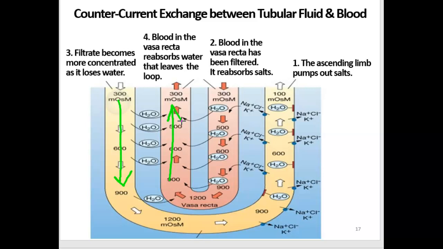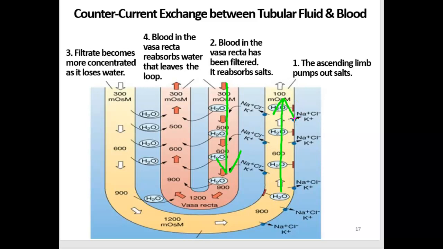When blood enters the vasa recta, it enters in capillaries close to the ascending limb, which is carrying tubular fluid in the opposite direction. So on both sides you have this countercurrent exchange.